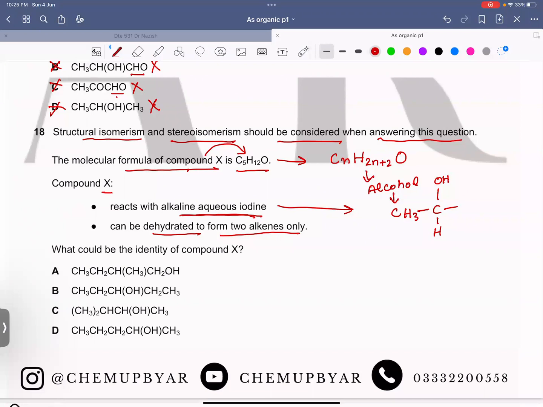And the other thing that they are saying is that it can be dehydrated to form two alkenes only, not more than two alkenes. So if I draw A, for example, all are 5 carbon atoms. In the first one, 1, 2, 3, and the third carbon has a branch, then fourth, and then OH.